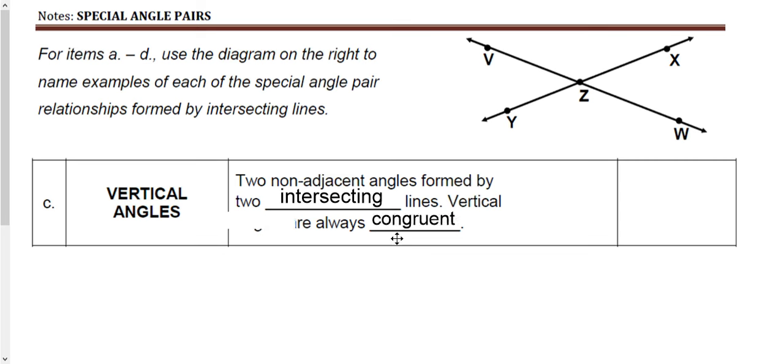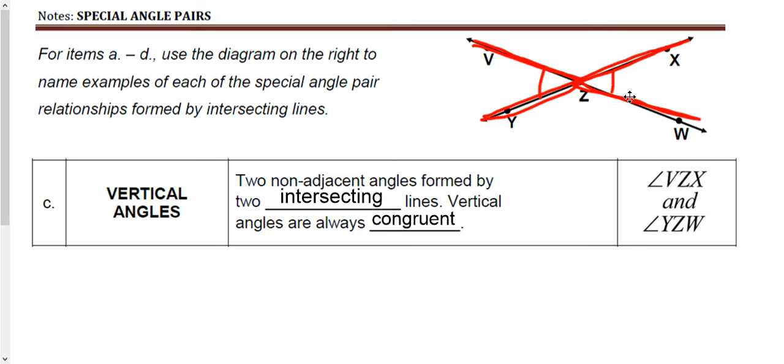Vertical angles are always congruent. So this one and this one here are non-adjacent, and they are considered vertical angles. We've got two lines intersecting like this, and they can't be side by side, so this one and this one. And it says they're congruent.